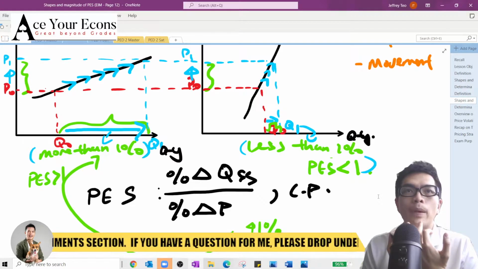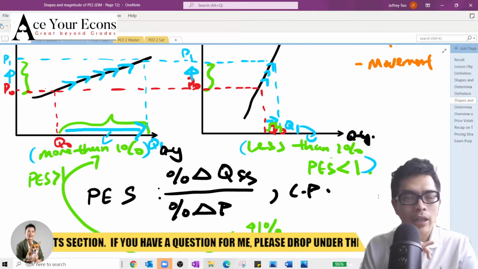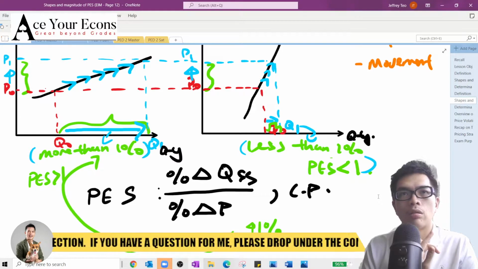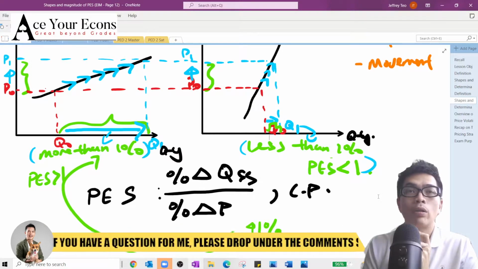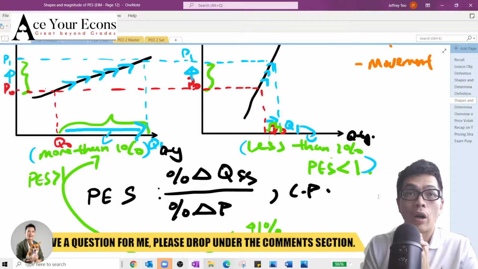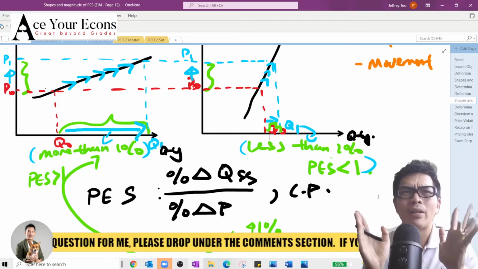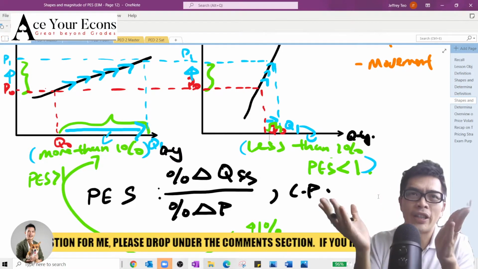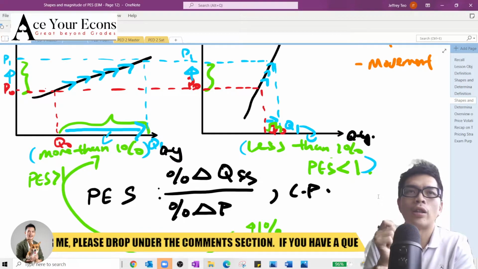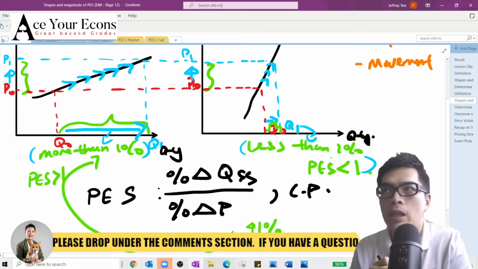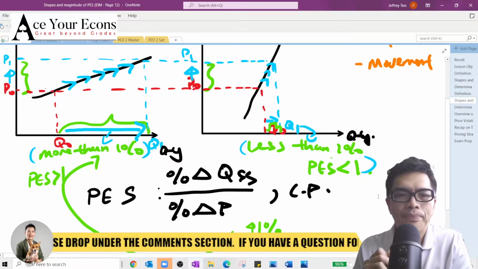PES will always be producers, something related to production. So this is a rule of thumb. When do we use PED and when do we use PES? We need to zoom into the economic agent involved. Also, don't blindly memorize. Don't ask Mr. Teo whether it is PED or PES. You have to decide yourself. The question, the extract, will tell you which economic agent is involved.